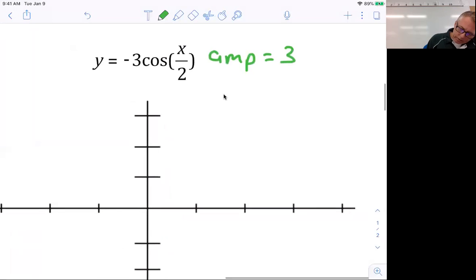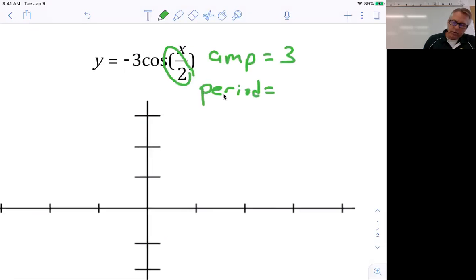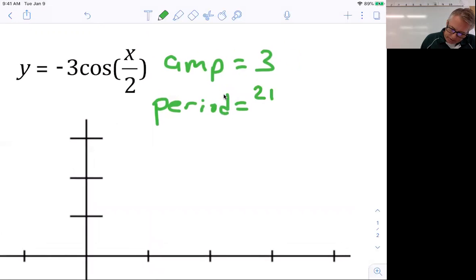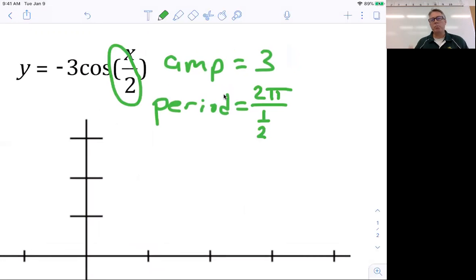The period is 2 pi divided by the number in front of x. The number in front of x is 1/2, because that's like 1x over 2, which is 1/2 x. So our period is going to be 2 pi divided by 1/2. It's always 2 pi divided by that number in front of the x.